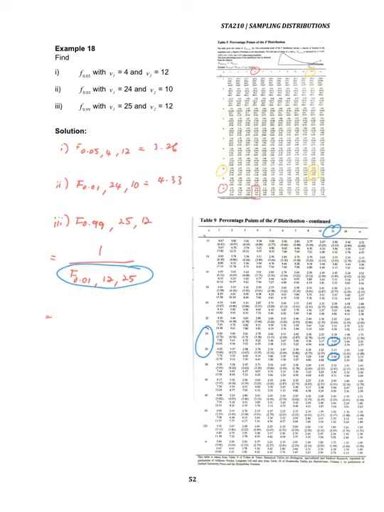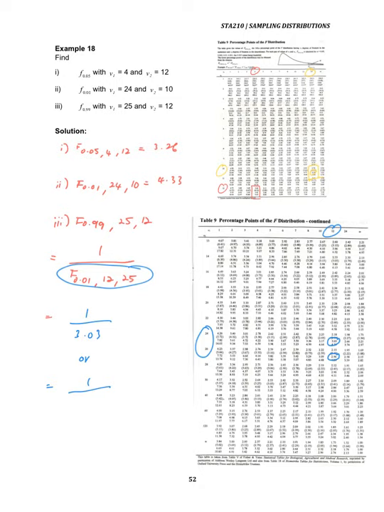Sama ada 1/3.03 or awak boleh buat 1/, kalau ambil yang terdekat tu V2 dia 26. Sebab kita nak 12 dengan 25 kan. 25 tak ada. Either you take the value V2 is 24 or 26. So kalau ambil 24, kita ambil 3.03 lah.